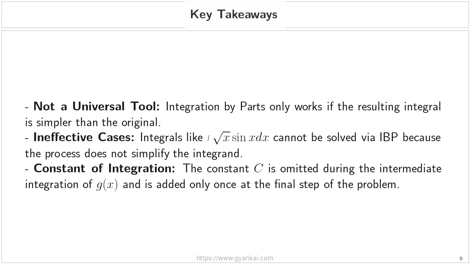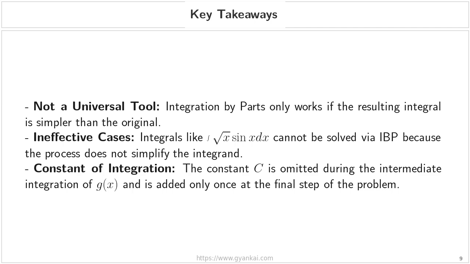Finally, and this is a really common mistake students make, constant of integration. The constant c is omitted during the intermediate integration of g of x and is added only once at the final step of the problem. Remember how, when we find an indefinite integral, we always add a constant of integration, c. Well, within the integration by parts process, when you're finding the integral of g of x, you don't add c at that stage.